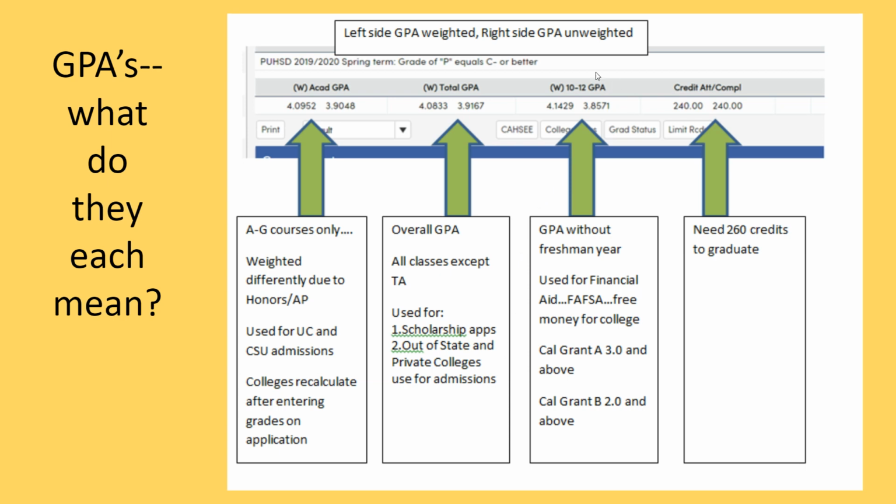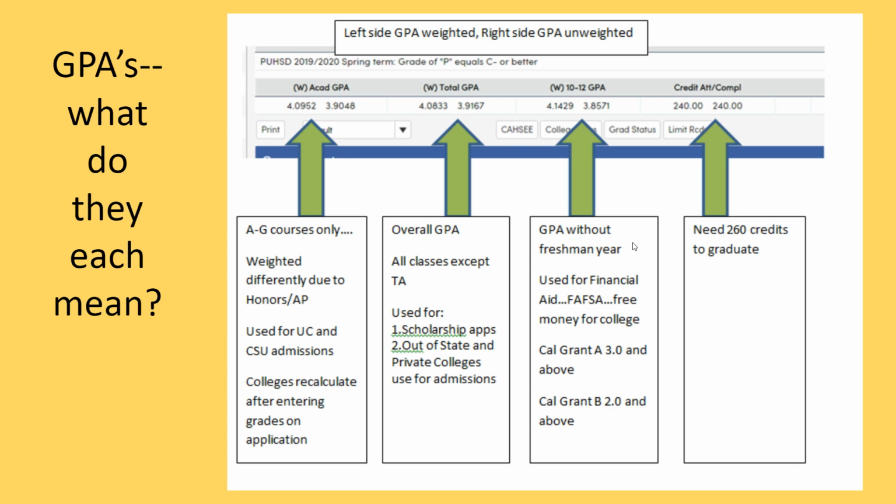The third one is 10th through 12th grade GPAs, and that is really used for your financial aid. It doesn't count freshman year, and they're using it when you complete your FAFSA this year, the free application for federal student aid, which gives you free money for college.